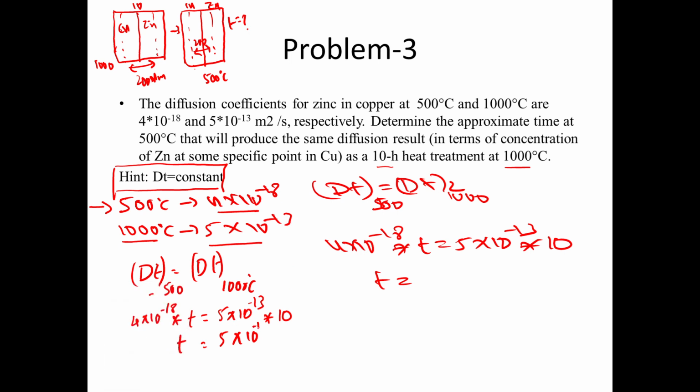So here it is minus 13, divided by 4 into 10 to the power minus 18, into 10, right? So 5 by 4, just calculate this one.